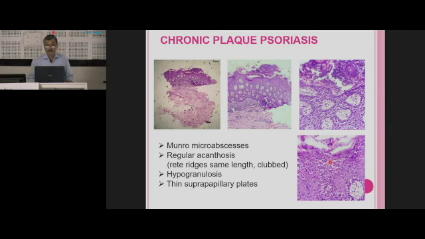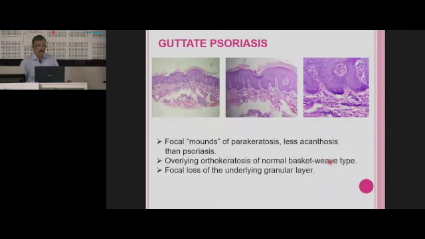The second is the guttate psoriasis. Now this guttate psoriasis is the special form of psoriasis seen in children, often occurs after the illness, that is the post-streptococcal pharyngitis, and the lesion is seen over the trunk. Here specifically the focal mounds of parakeratosis. There is no confluent parakeratosis as seen in the classical type of psoriasis. There is less acanthosis than the psoriasis because it has got the rapid course.